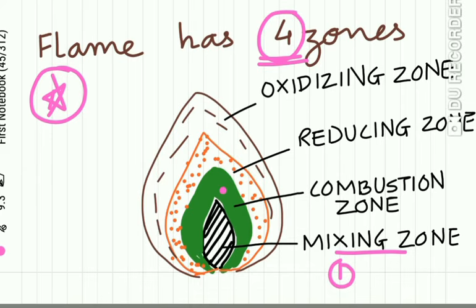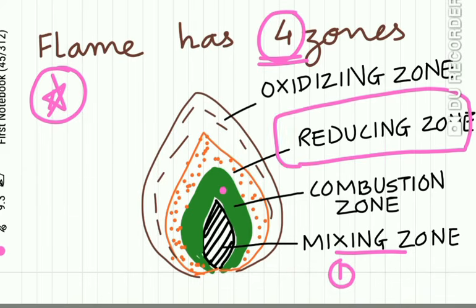Surrounding the combustion zone is the reducing zone. Now this reducing zone is the proper zone and it is the hottest part of the flame. The fusion of the casting alloys should be done using this reducing zone. And then the outermost zone of the flame is called as oxidizing zone.